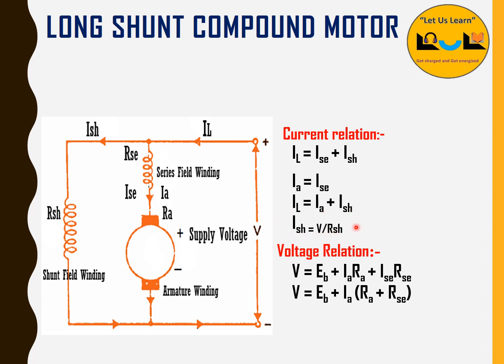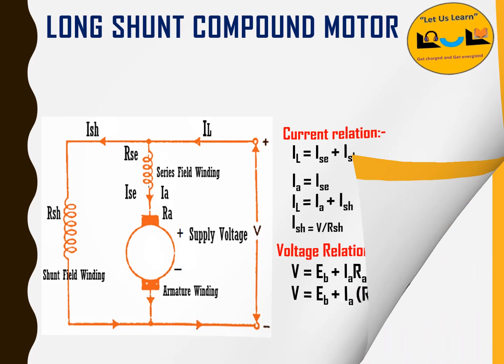So ISH is equal to V by RSH, because I is equal to V by R. So ISH, the current in the shunt field winding, is equal to the total voltage divided by RSH. Now the voltage relation: V is equal to EB plus IA RA plus ISC RSE. Here instead of ISC I can replace IA. So if I take IA as common, V is equal to EB plus IA, whole bracket.